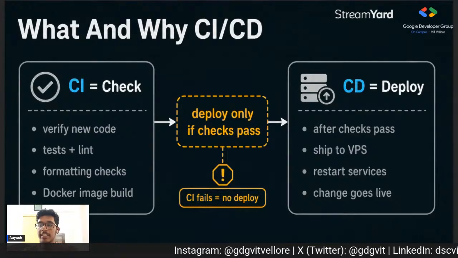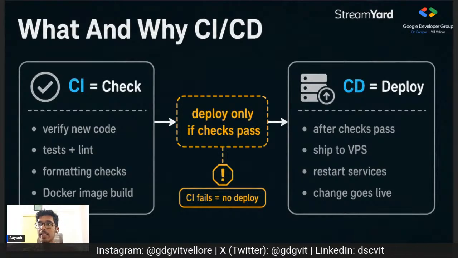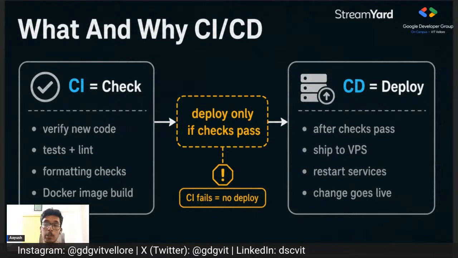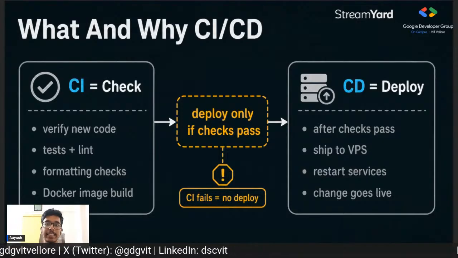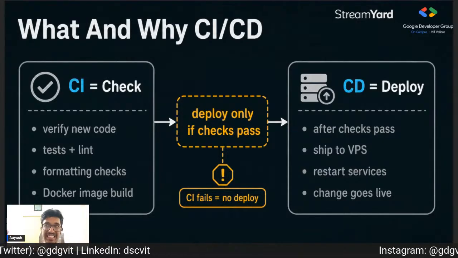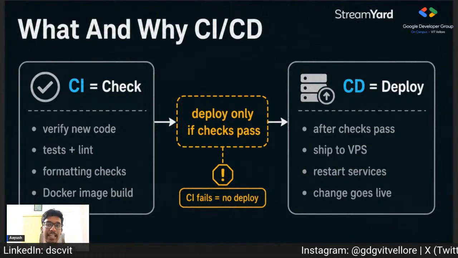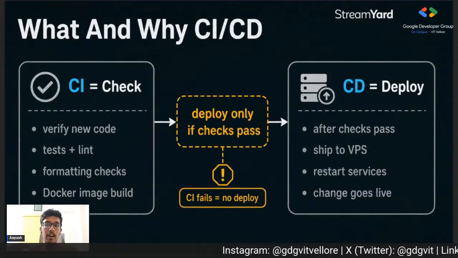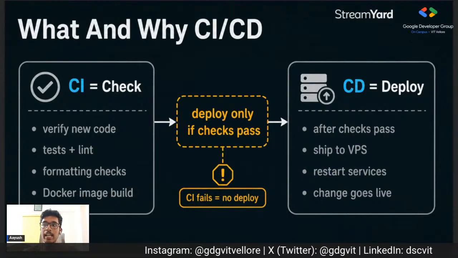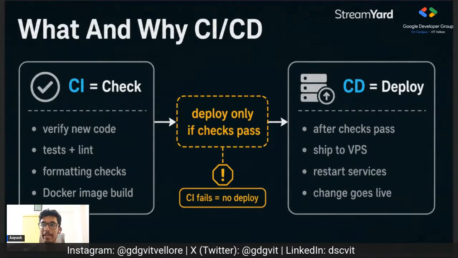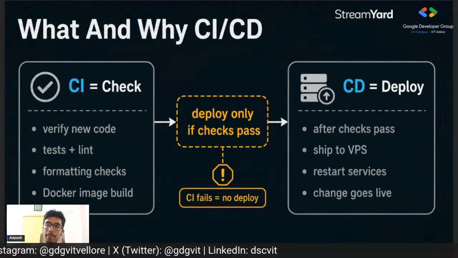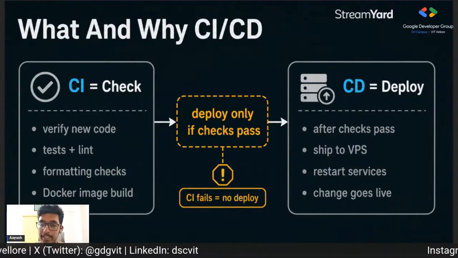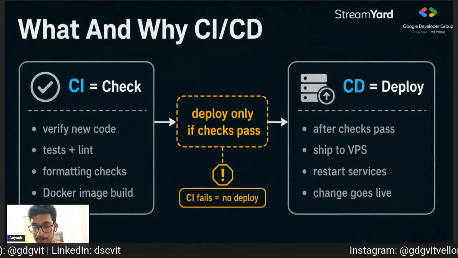But for this session, you need to remember that CI means check if the code passes all tests, has no linting errors, no type check errors, and the formatting is good. And CD means after everything passes, deploy this to a VPS.